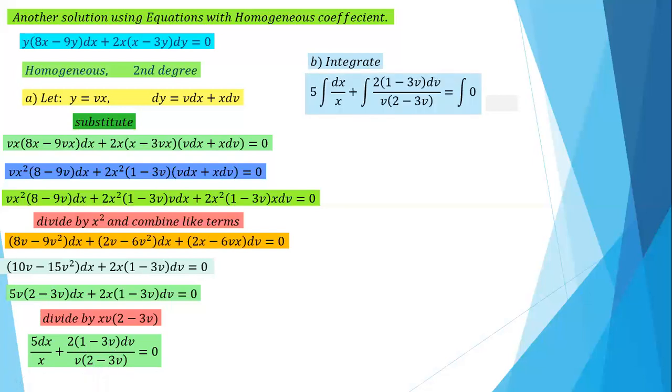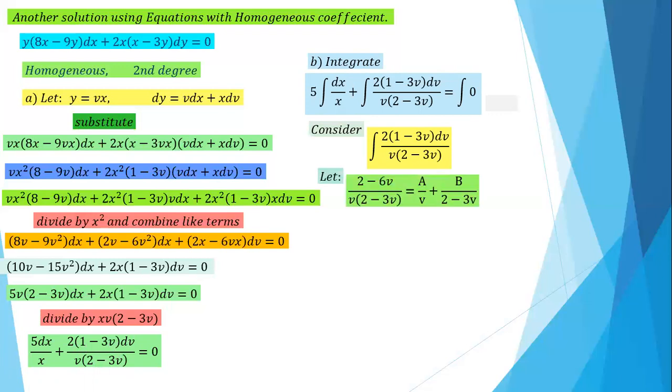So we have now 5, the integral of dx over x plus the integral of 2 times 1 minus 3v dv over v times the quantity of 2 minus 3v equals the integral of 0. First we consider the integral of 2 times 1 minus 3v dv over v times 2 minus 3v.